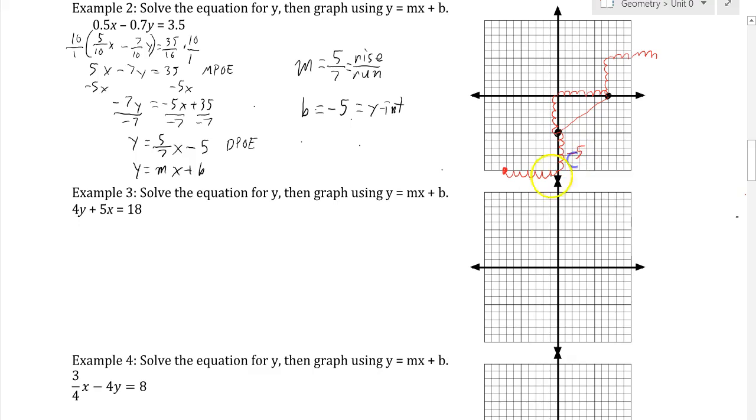Because what's a negative over a negative? Isn't a negative over a negative a positive? So sometimes you got to run the opposite way of what you're thinking. A negative over a negative is a positive. So we're fine.